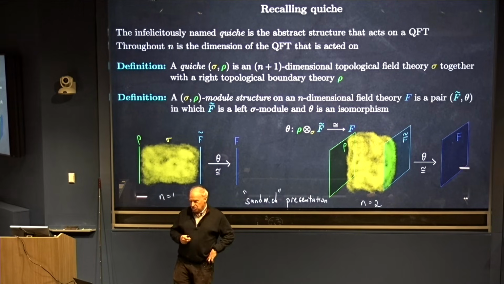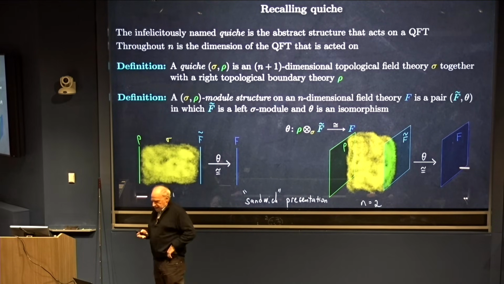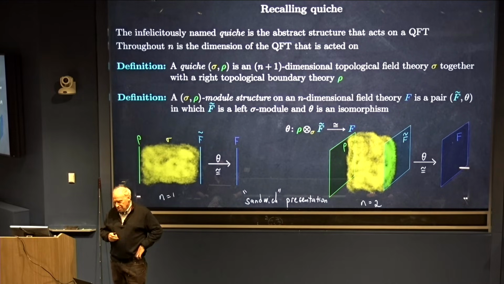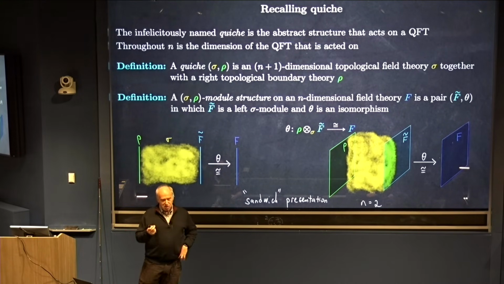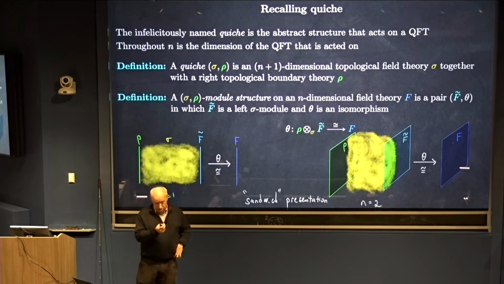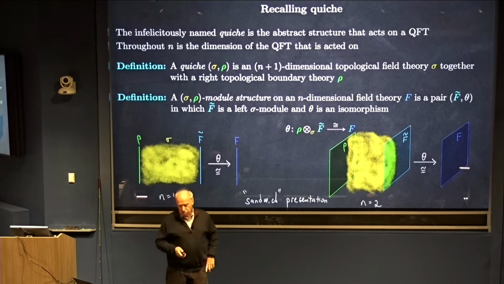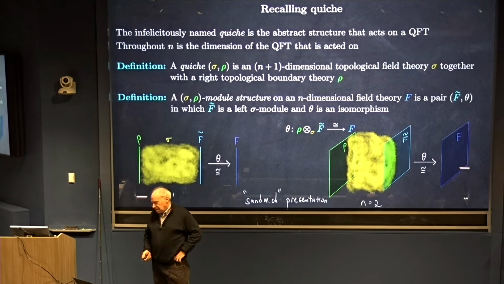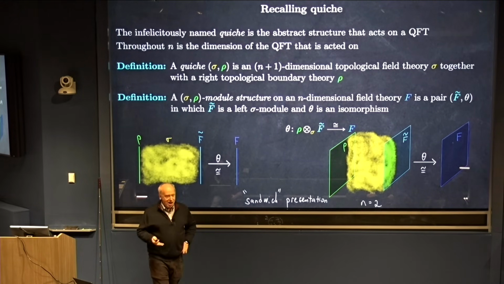That's an n-dimensional theory. And the data of the action is a left boundary theory called F tilde and an isomorphism of the dimensional reduction along the interval with the theory sigma in the interior of the interval and the two boundary theories. So the analogy you should think of is from linear algebra.